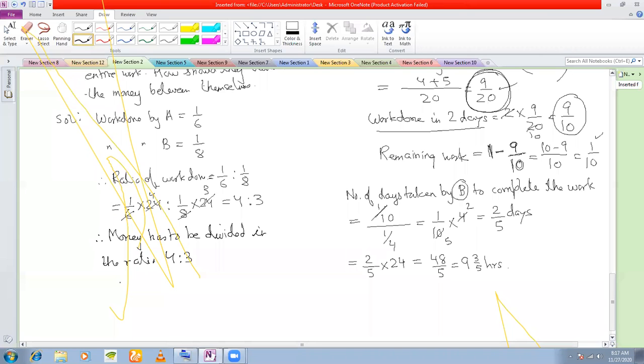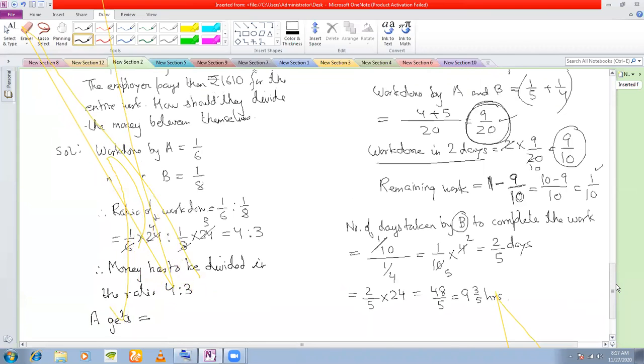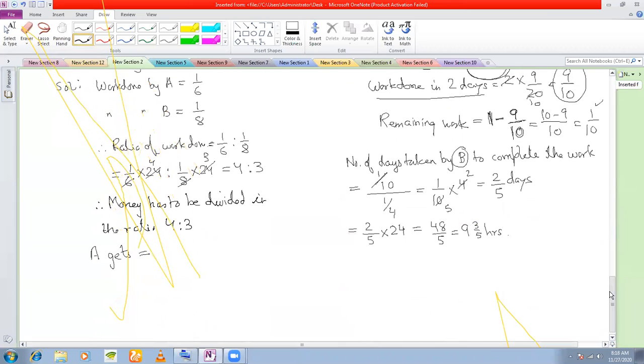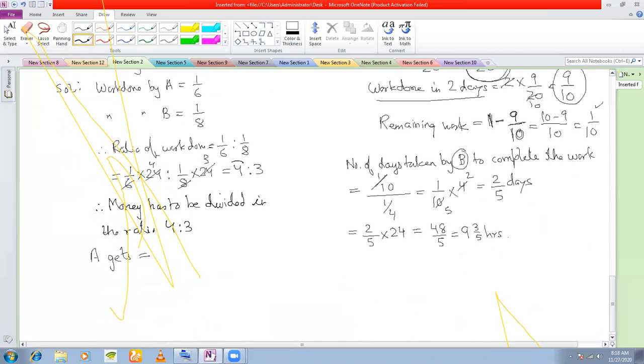And how much should they get? What is the total amount that they are getting? They are getting 1610 in total. So how much does A get? 4 parts A is getting out of 7 parts.